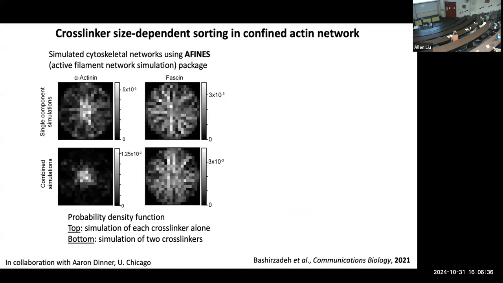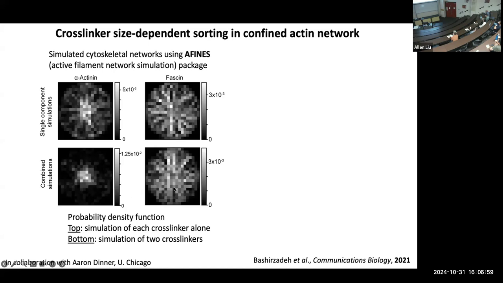We collaborated with Aaron Dinner at the University of Chicago, and he did some coarse-grained simulations with alpha-actinin or fascin alone, and these are probability density maps. They don't look very different, but if you combine alpha-actinin and fascin together in the same simulations, you will see alpha-actinin is enriched in the middle.